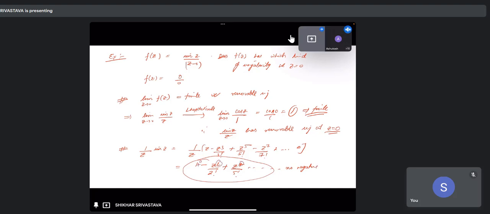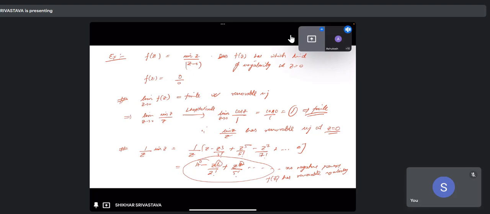So in this way you can say that f(z) has a removable singularity at 0. You can use either of the two ways to find whether a function has a removable singularity or not. Is it clear? Yes, sir.